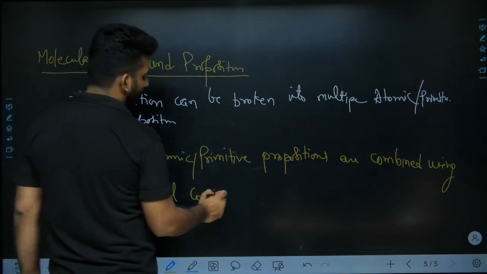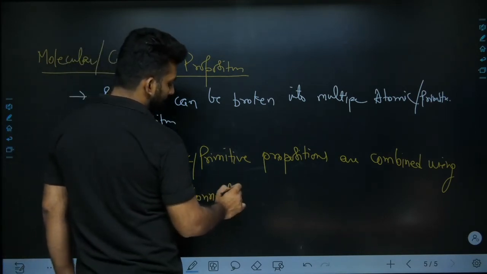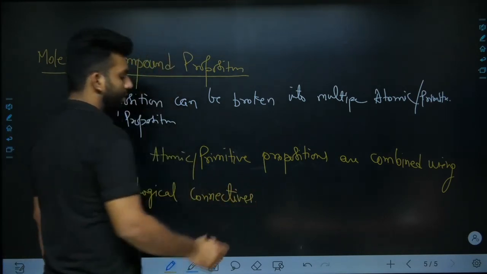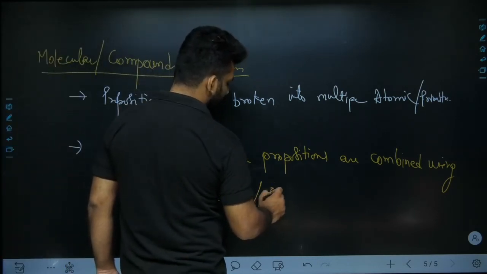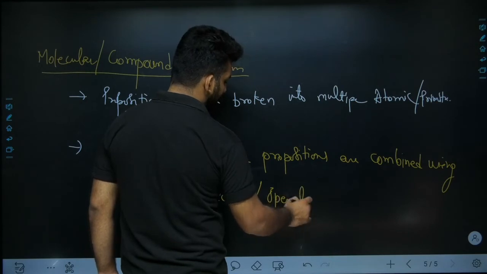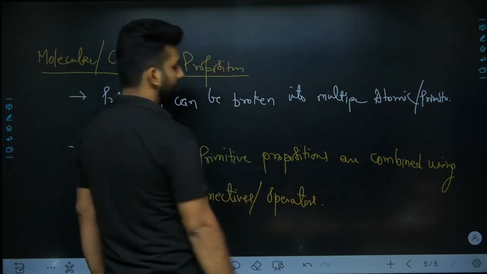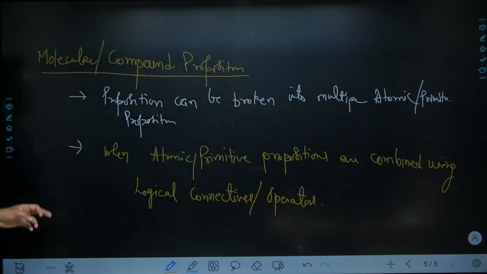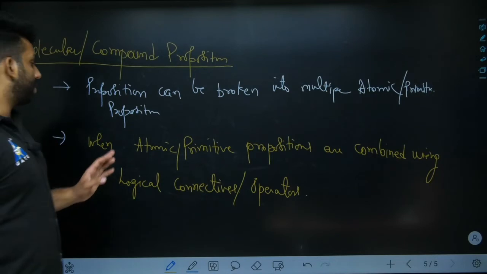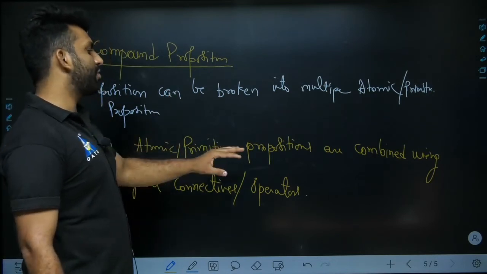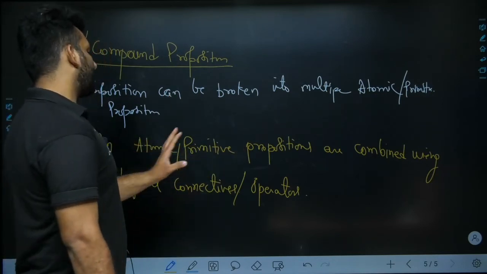We'll have a look at all these one by one, just wait for the moment. So this is it: a molecular or compound proposition is when atomic or primitive propositions are combined using logical connectives or operators.